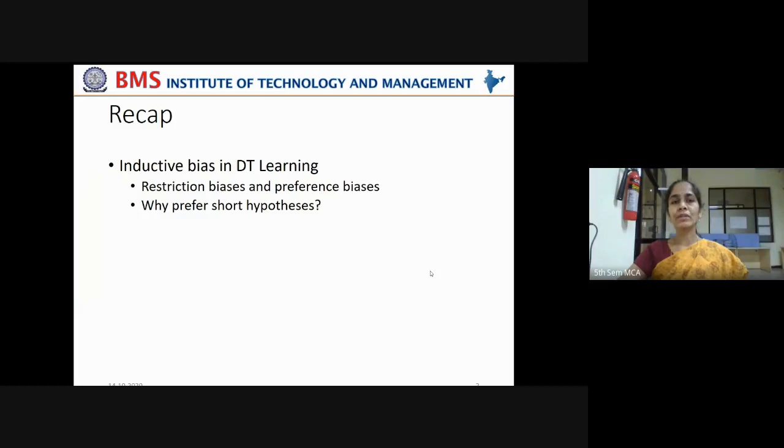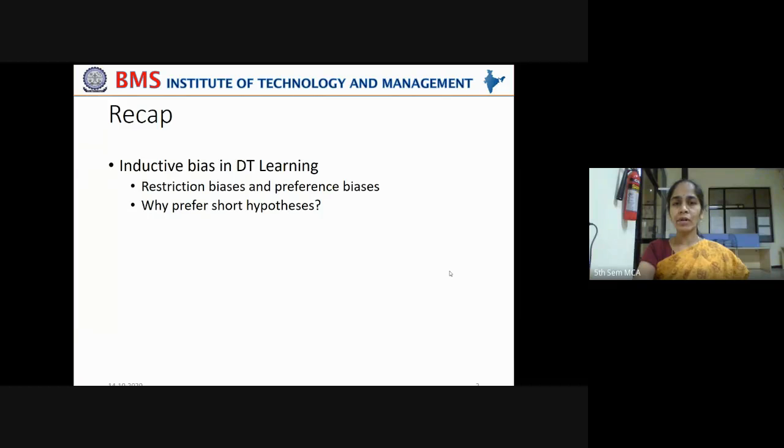We understood that those assumptions are preferring shorter trees over longer trees, or simpler trees over complex trees, and using information gain as the statistical measure to select these shorter trees. These two are the inductive bias in decision tree learning. And we also understood the difference between restriction bias and preference bias.